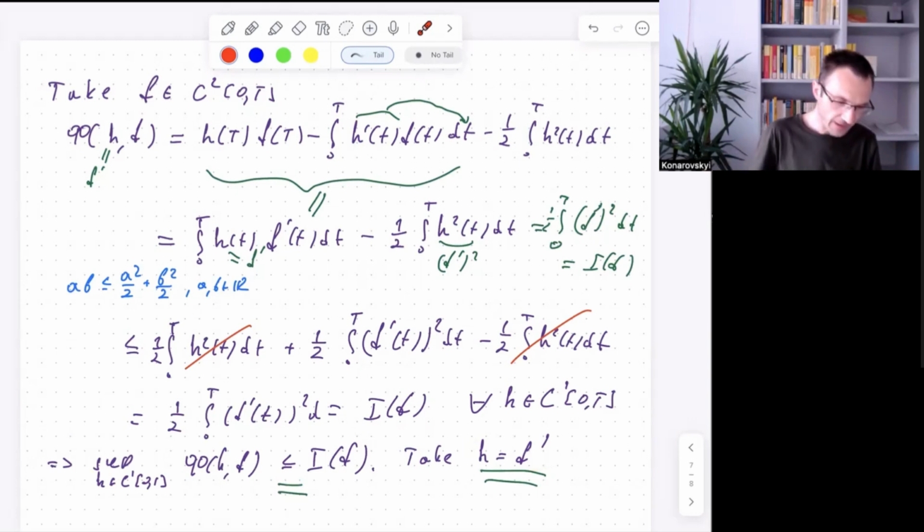If the function f is not twice continuously differentiable, then of course you need to be more careful, because for instance you cannot integrate by parts, and therefore you cannot get so simply this bound which we had here. You also cannot take h equal to the derivative of f, because it can happen that the derivative does not exist. And so on. Somehow we need to fight with that problem.